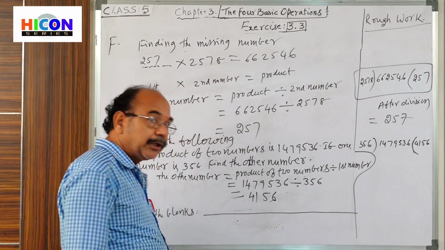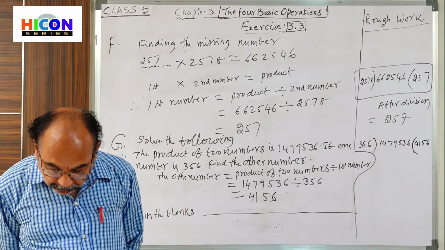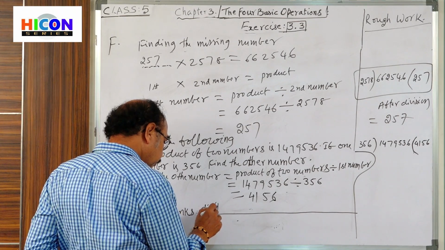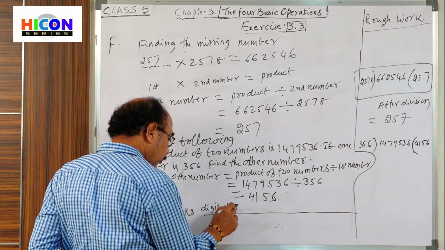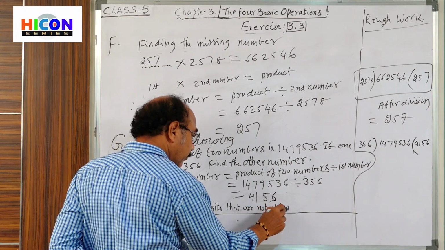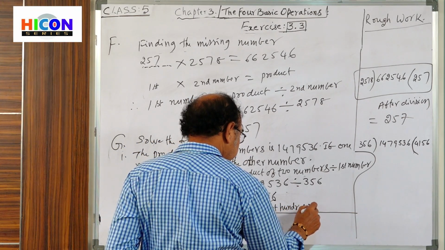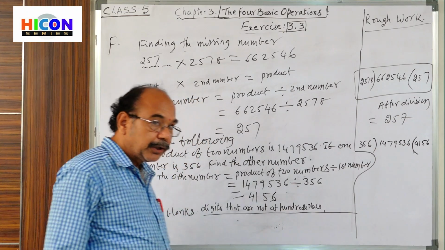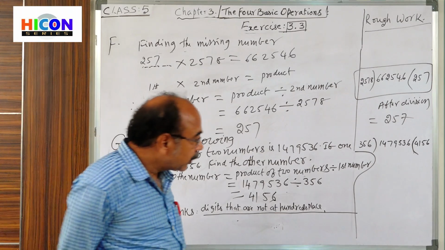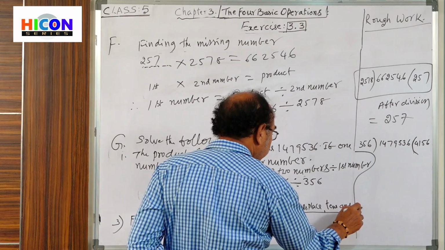What do we write in the dash? Digits that are not at the hundreds place. Comma. Digits that are not at the hundreds place, comma, tens and ones place.